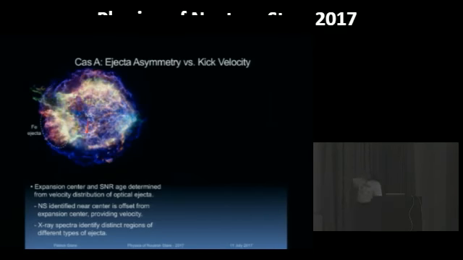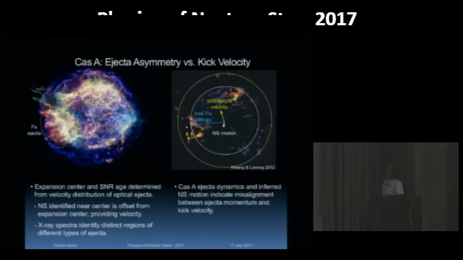Here's a big plume of iron. Here are some features of some sort of silicon-rich material, et cetera. And Huang and Lamming in 2012 from these data mapped out where the ejecta are and what they could infer for the total velocity of those ejecta.